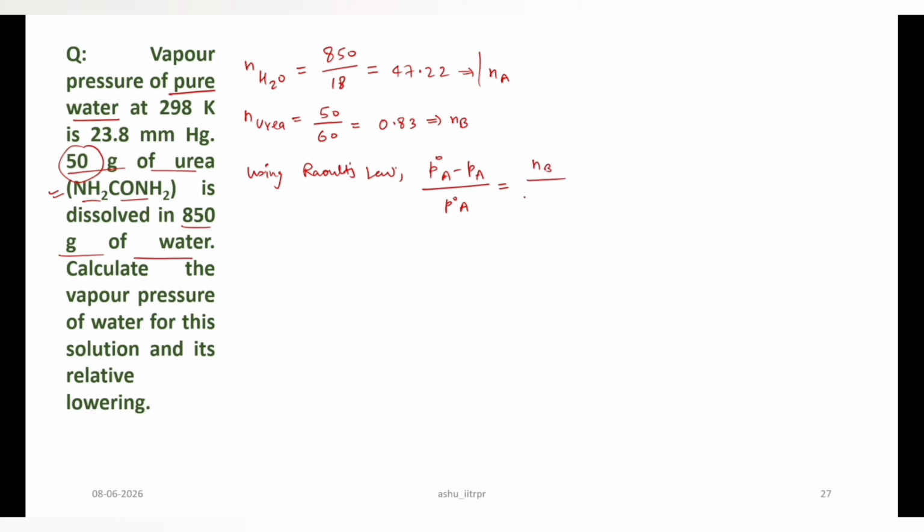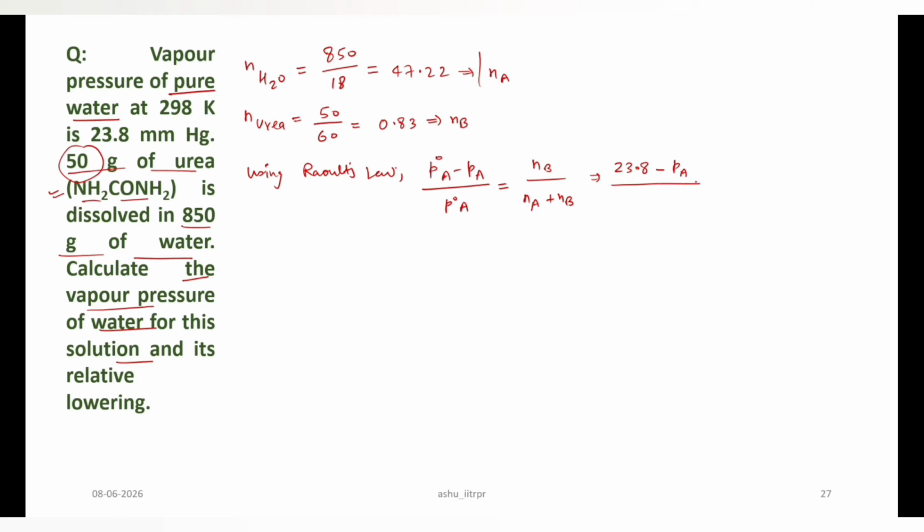XB can be written as NB divided by Na plus NB. So put these values. P naught is the pure vapor pressure, which is given as 23.8. PA we have to calculate, because you have to calculate the vapor pressure of the water from this solution.